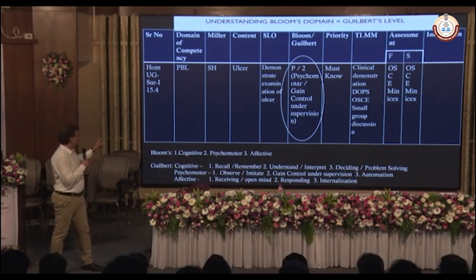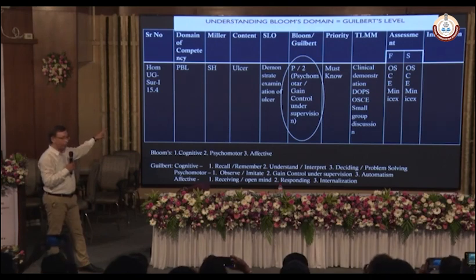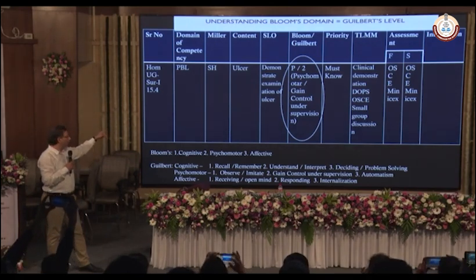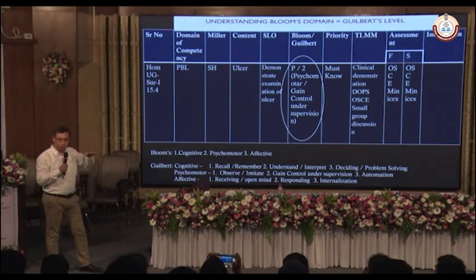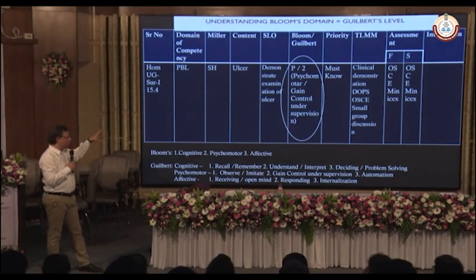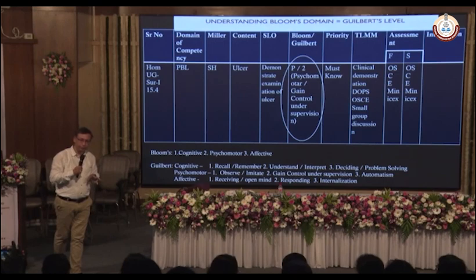Now the third example, content is ulcer, as well as demonstrate examination of the ulcer. It is psychomotor, where there is a demonstration. So psychomotor in Bloom's, and it is level 2, where under supervision the student will be demonstrated.